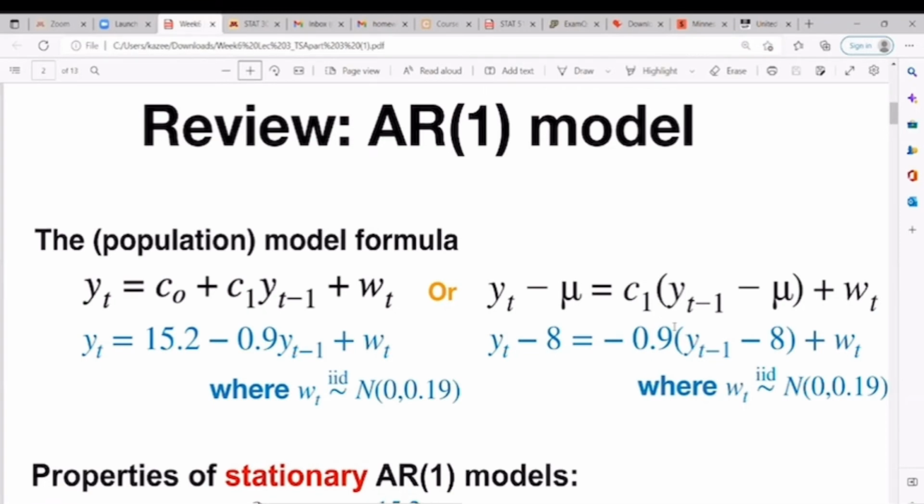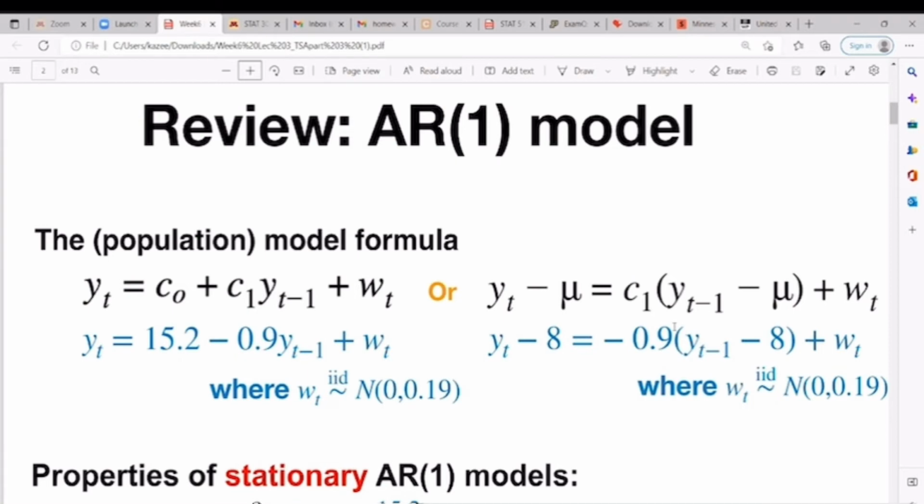If you're talking about gas price, maybe we want to relate the gas price today to the price yesterday.